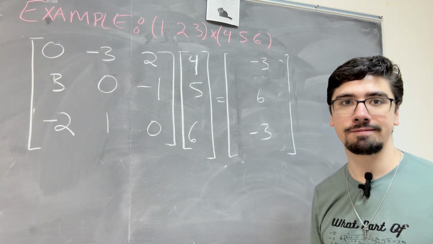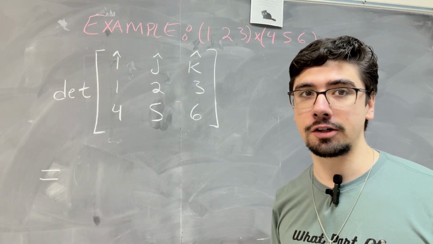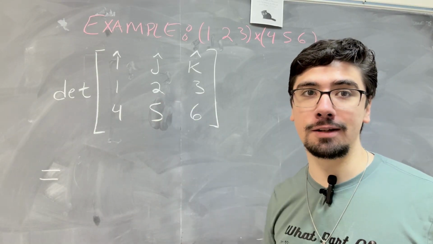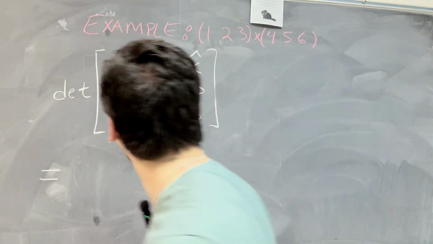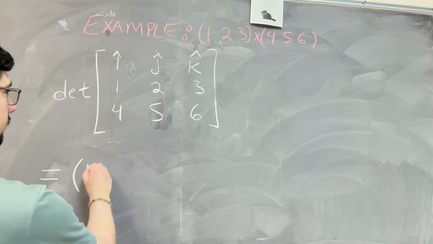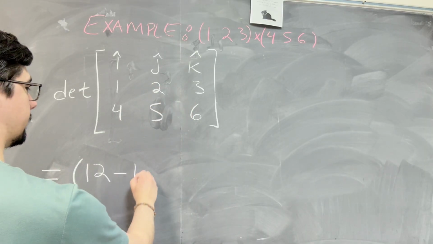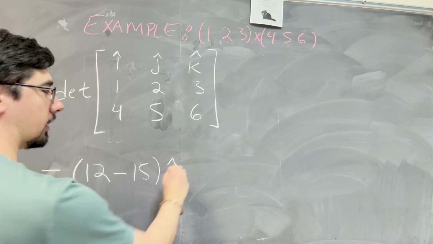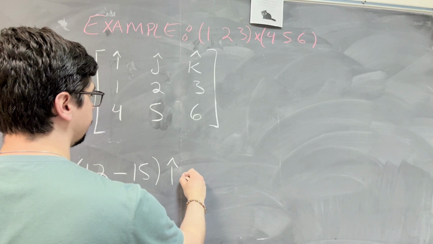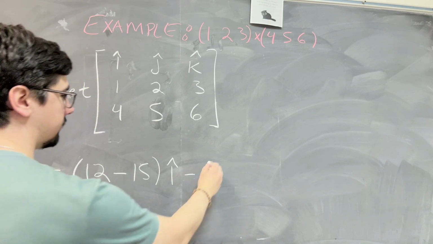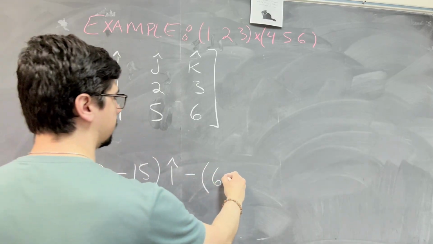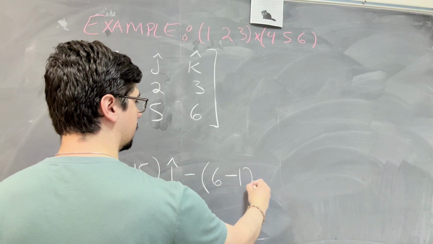Let's see what happens when we take the cross product in the usual way now. So we start off by setting up our matrix, and then we take the determinant of it. So we have 2 times 6 is 12, minus 3 times 5 is 15, and that's going to be our i hat entry. Minus, we're going to have 1 times 6 is 6, minus 3 times 4 is 12.